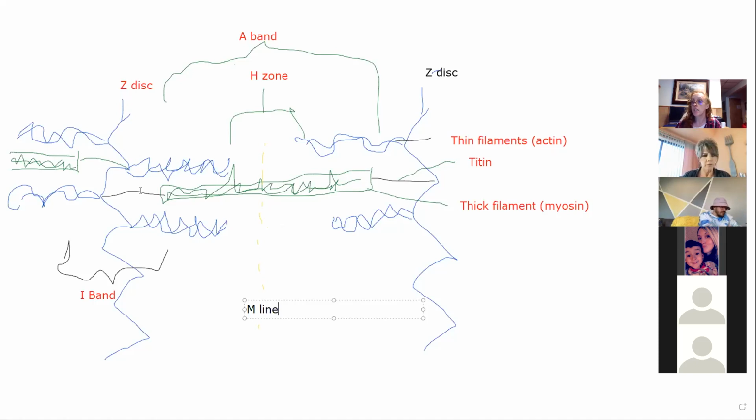Yeah, good question. Because depending on what book you look at and what figure you look at, if you notice, I have the thin filaments on alternating lines. In other figures, it shows that they're on the same lines and they don't alternate. That's why I'm saying it depends on what you look at. Just recognize that the titin is attaching the thick filaments to the Z disc.